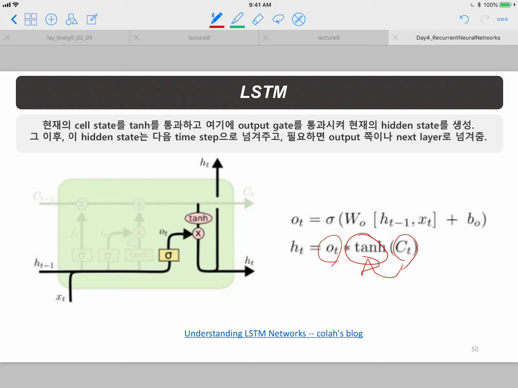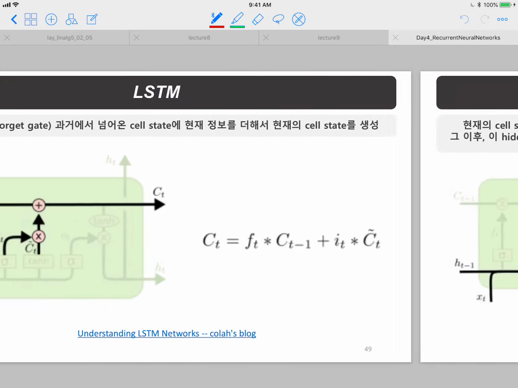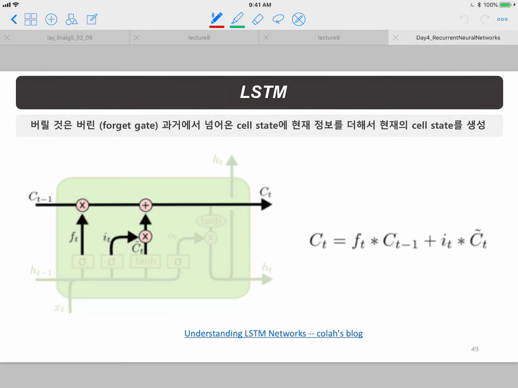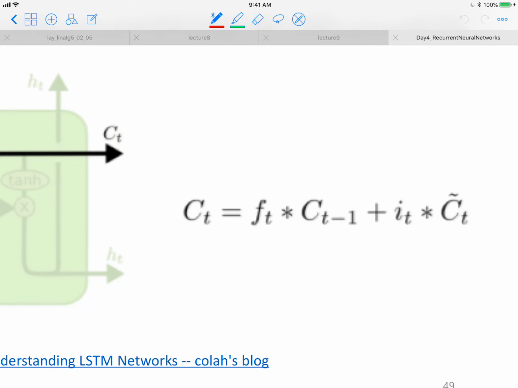Okay, so this cell is essential information that we carry out across the time step, and this cell state is updated based on this formula, right? And in the previous case, where did our geometric sequence come from?